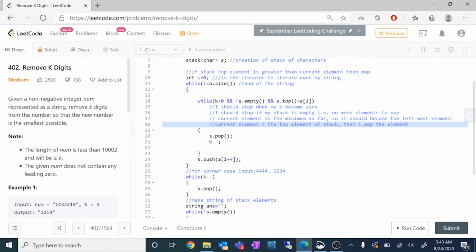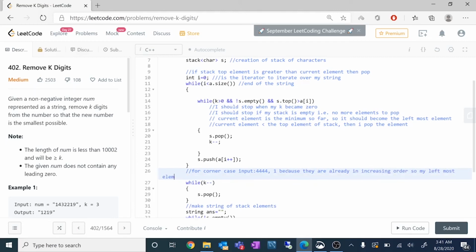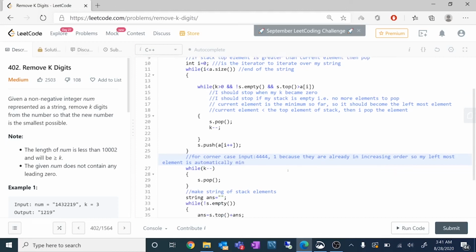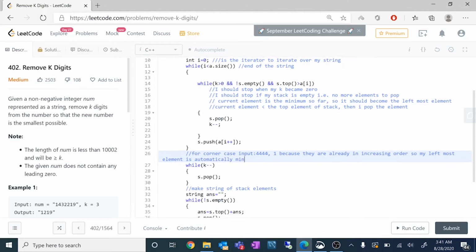Removing my last elements, suppose I remove 4, I remove 3, I remove 2, the rest will be the minimum, because they are already in increasing order. So my leftmost element is automatically minimum. That's why I simply pop these elements out.